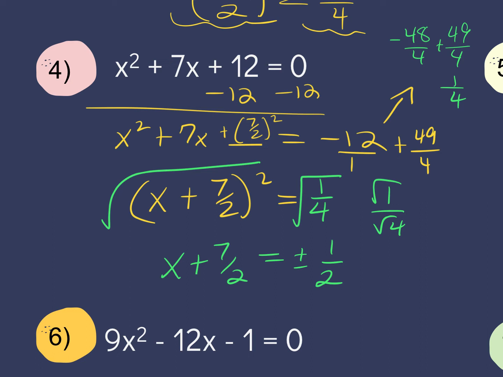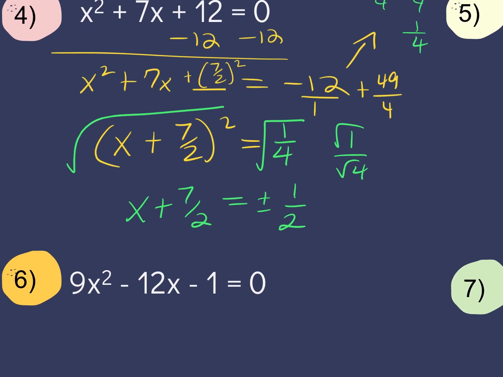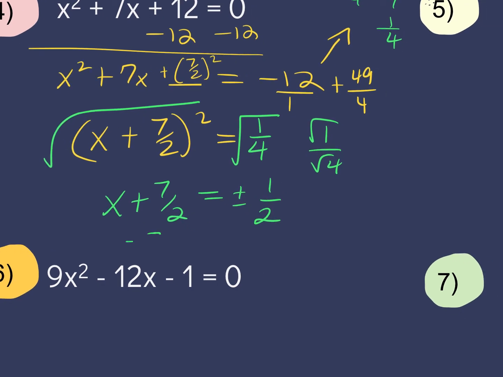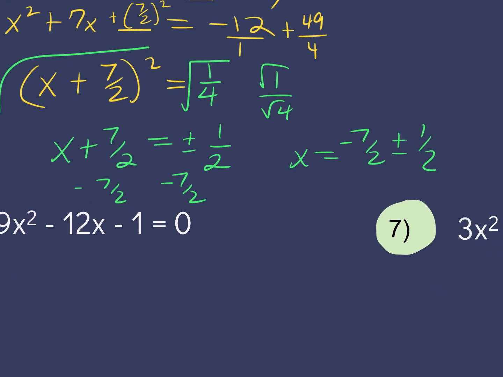Now, because the square root symbol disappeared, I actually have to figure out the two answers here. So I subtract the 7 over 2 from both sides, and I get x is equal to negative 7 over 2 plus or minus 1/2. I can't leave it like this.